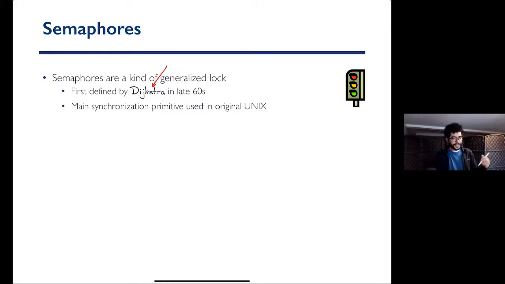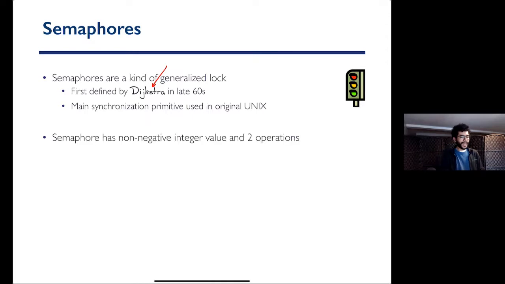Now, it's unfortunately the main synchronization primitive that was used in original Unix, and probably even currently used in Linux kernels. I'm not sure about the current state if it is the primary object, but in the original Unix, semaphores were the main primitive for synchronization.